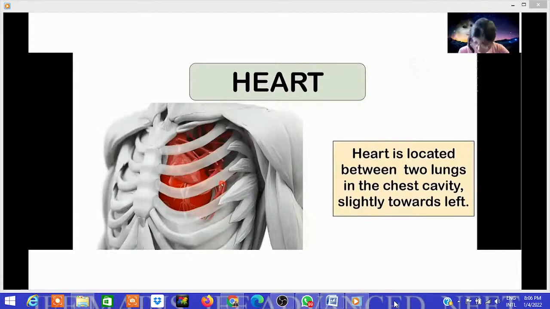Okay? You can also write this point in your notebook, which is really important. So if you get any question related to the heart, you can write this point.